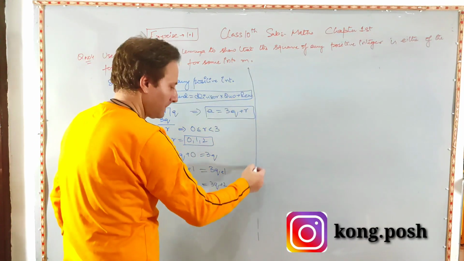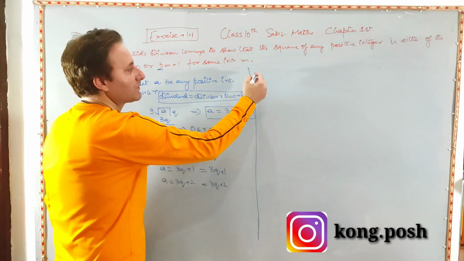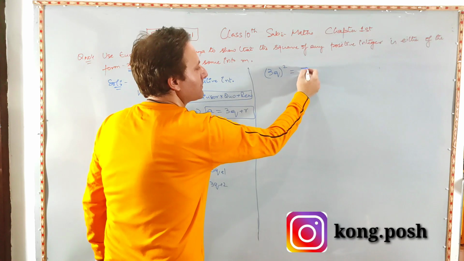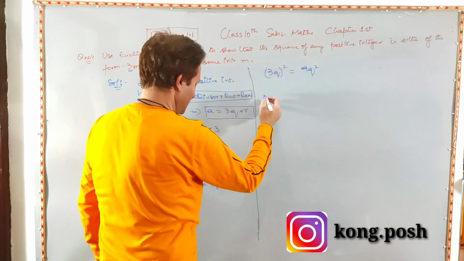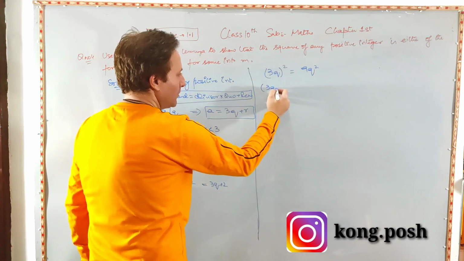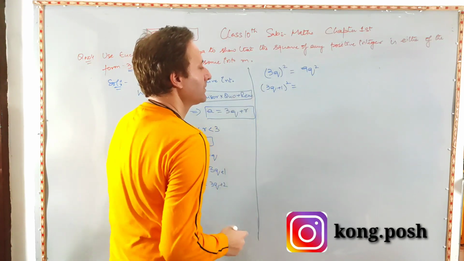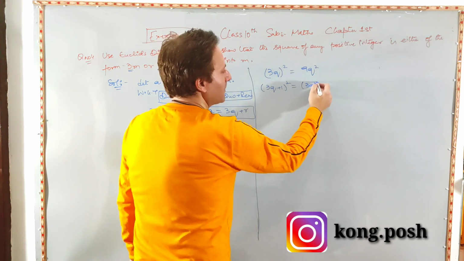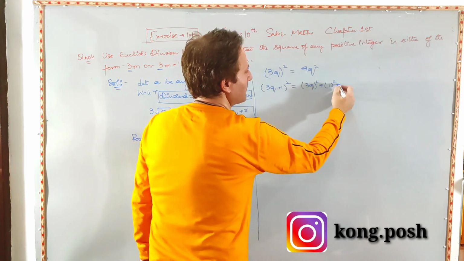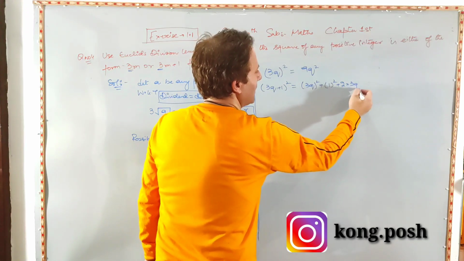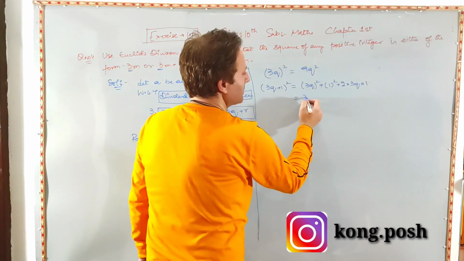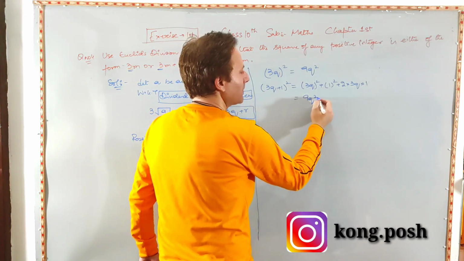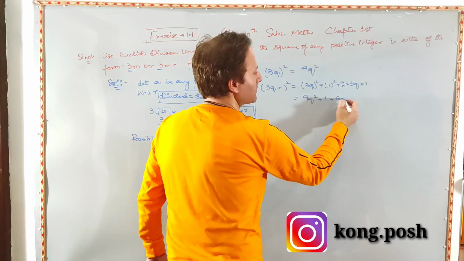So now I'll just do the squares of these. 3q whole square becomes 3 multiplied by 3q square, that is 9q square. Then I have 3q plus 1 whole square. What does that become? This is a plus b whole square, a square plus b square plus 2ab, that is 9q square plus 1 plus 6q.